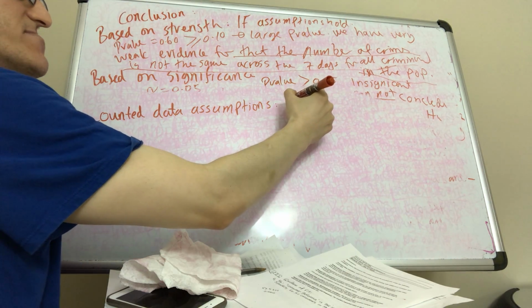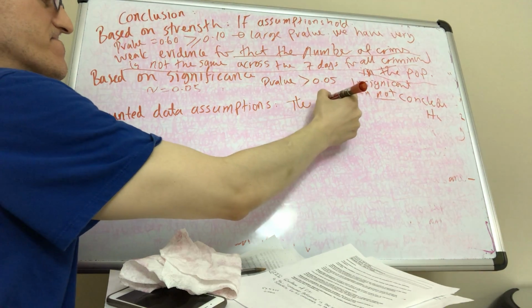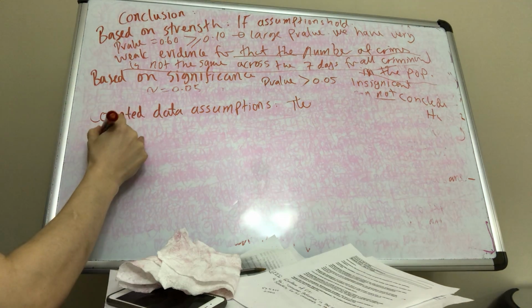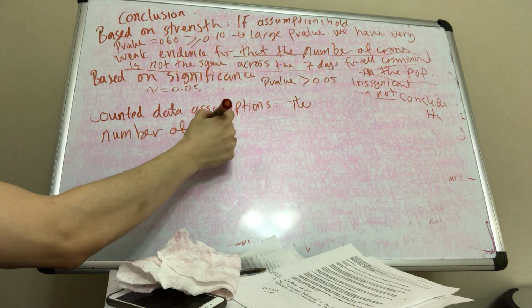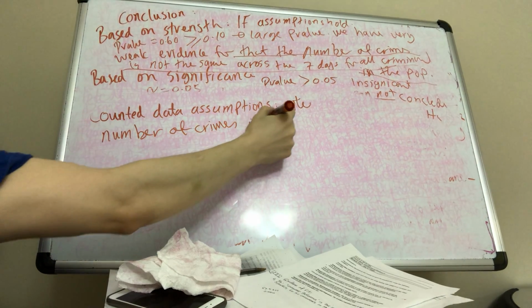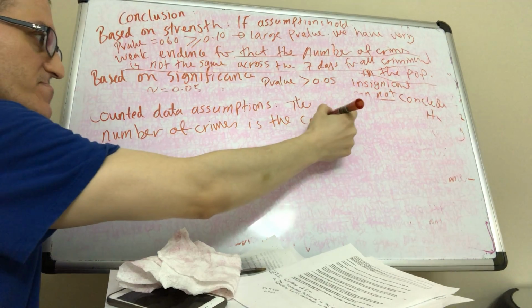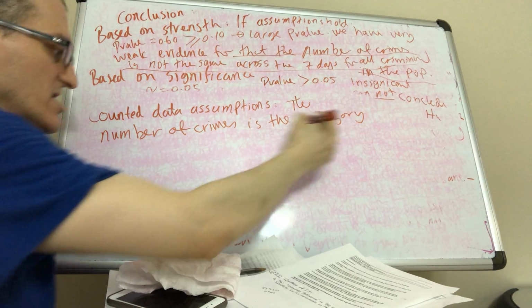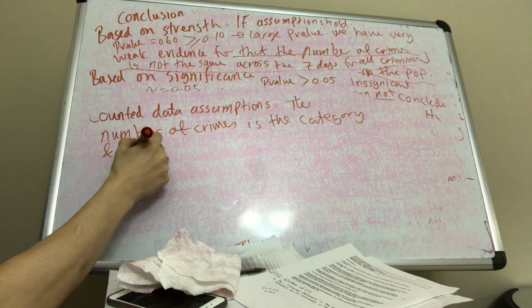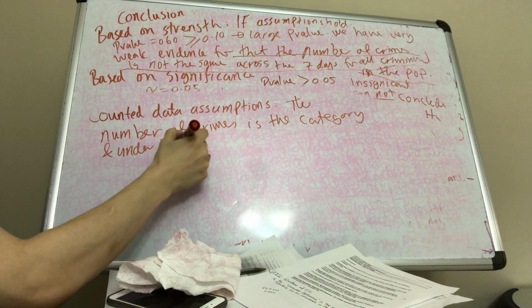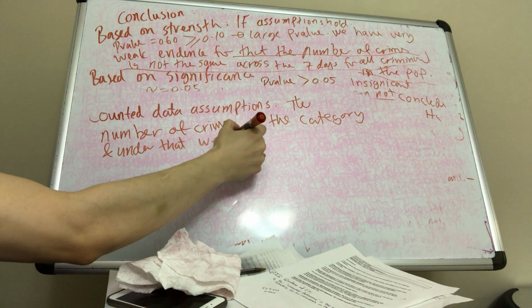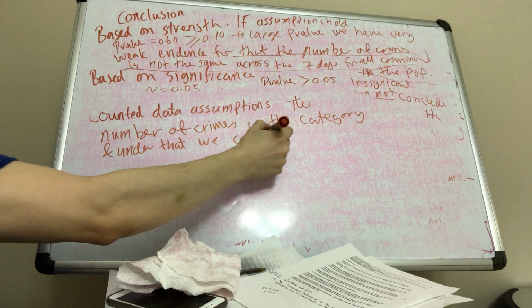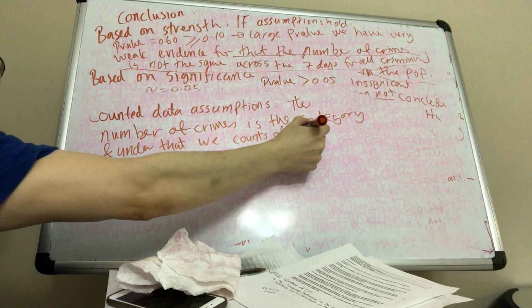The category is the number of crimes, and under that we have counts of crimes.